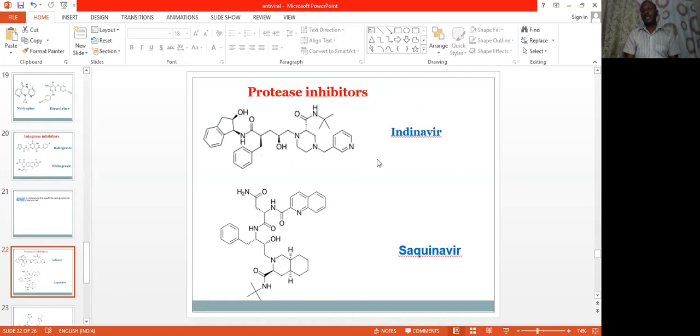Next, protease inhibitors. You can take down the structures of indinavir and saquinavir. Once you finish taking these two drugs, just raise your hand so that we can proceed, and I'll explain.